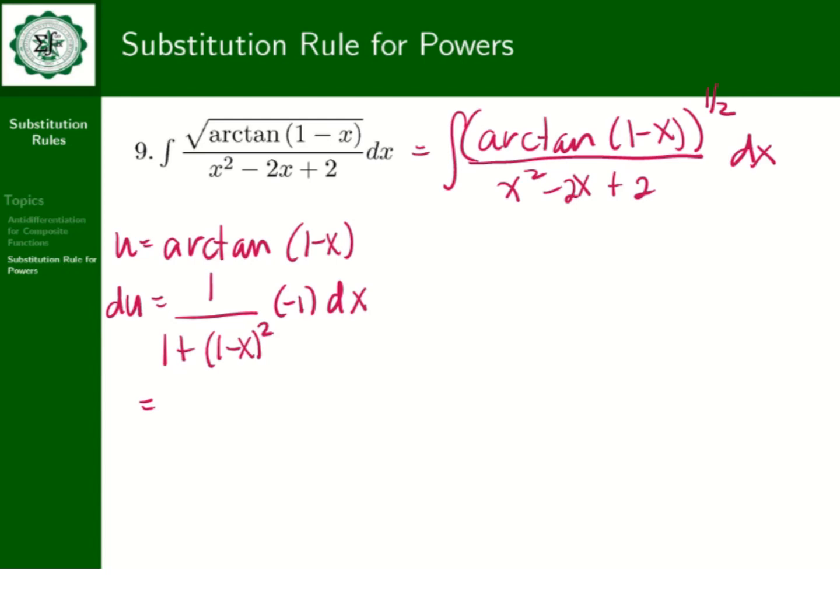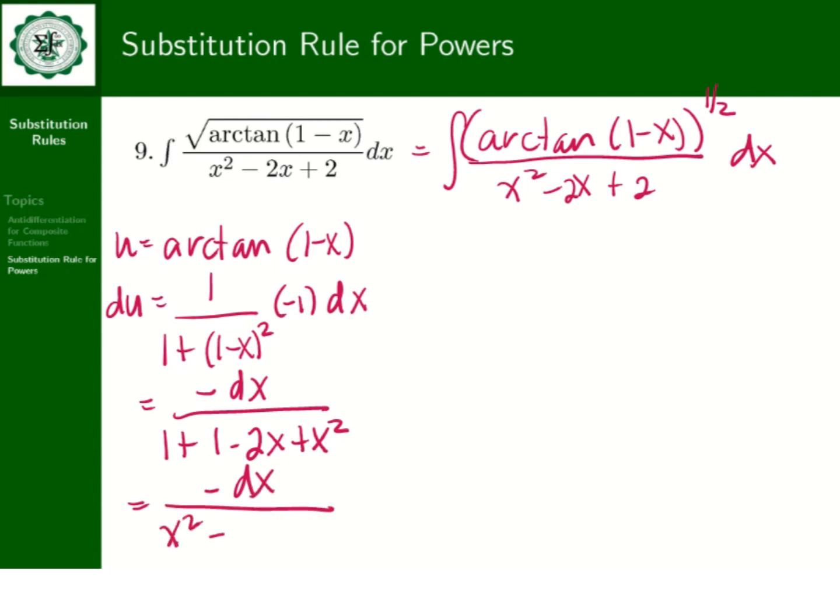So this is the same as negative dx over 1 plus, so let us expand (1 minus x) raised to 2. This gives us 1 minus 2x plus x squared. And this is the same as negative dx over x squared minus 2x plus 2.